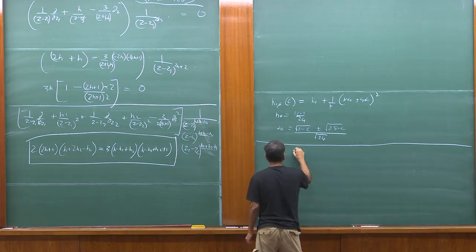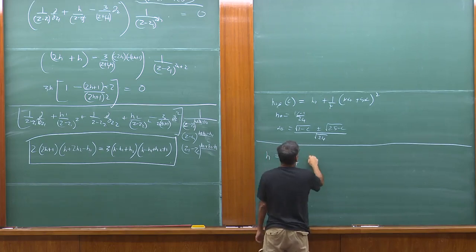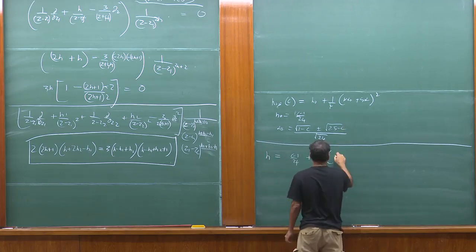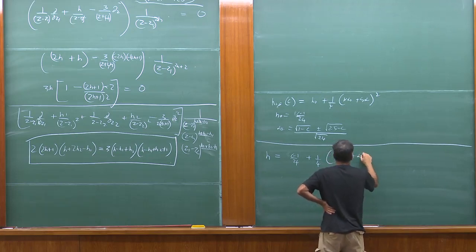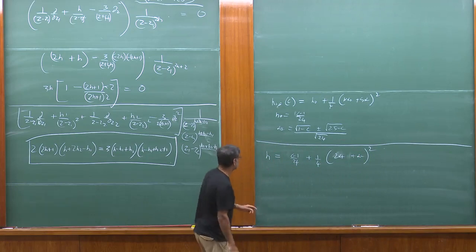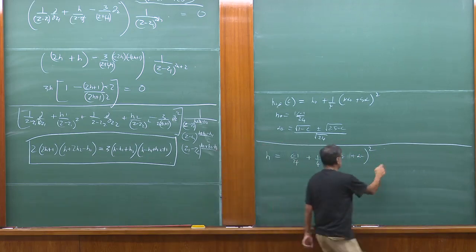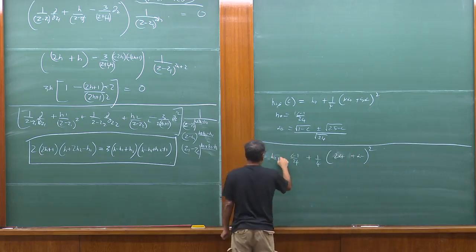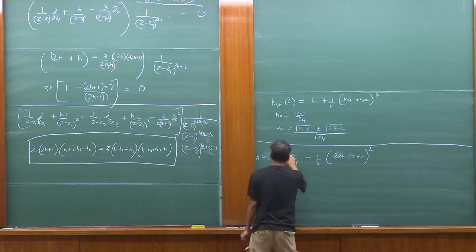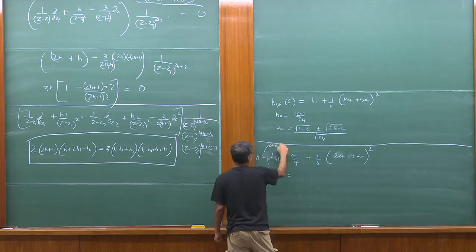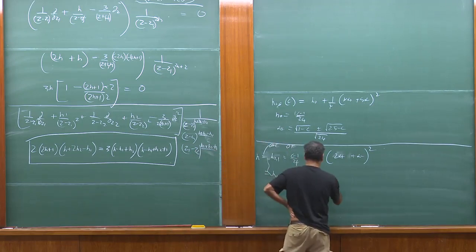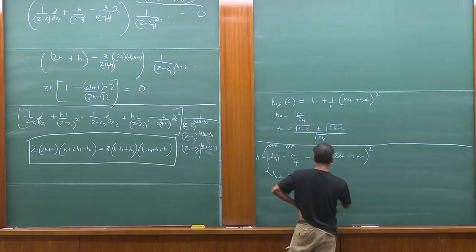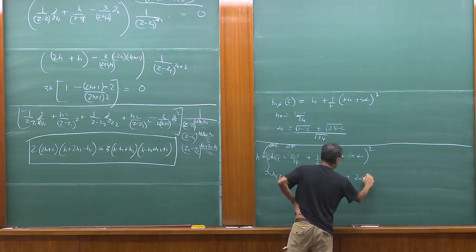H is equal to (C minus 1) by 24 plus 1 by 4, let's say 2, 1, so (2 alpha plus plus alpha minus) the whole thing squared, or H is equal to (C minus 1) by 24 plus 1 by 4 (alpha plus plus 2 alpha minus) the whole thing squared.